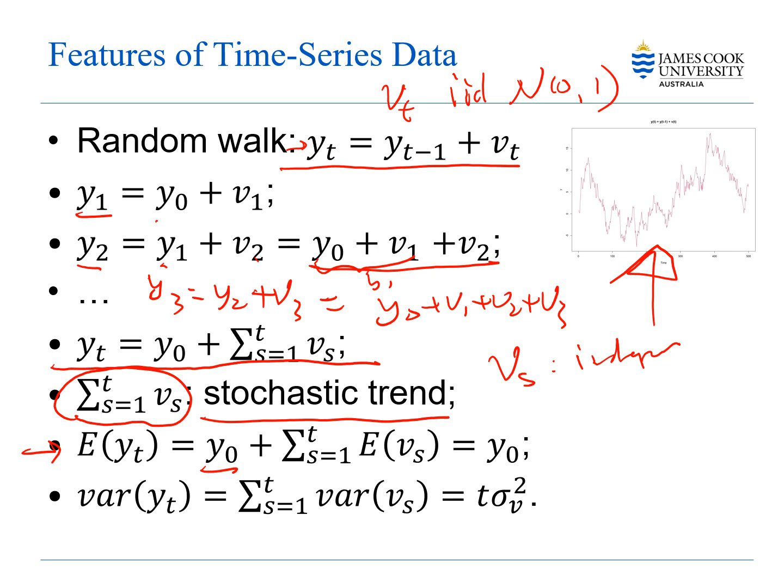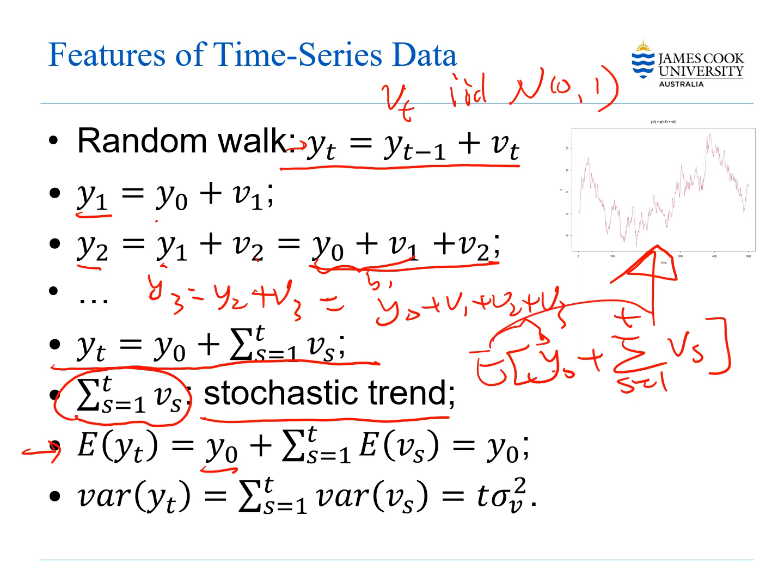So we take the expectation of y0 plus the sum from 1 to t of Vs. We can move it inside, since expectation is a linear operator, and y0 is kind of constant. So the initial value plus the sum from s equal to 1 to t of E[Vs] is equal to 0, because it's the mean of the standard normal distribution.